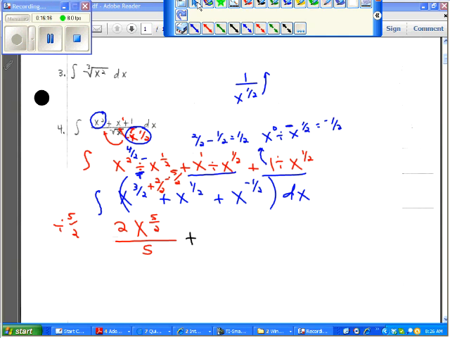And then plus, we're going to add 1 to the exponent. We have 1/2 plus 2 halves is 3 halves. So we're going to have x to the 3 halves. And then we're going to divide by that 3 halves, which is the same as multiplying by the reciprocal 2/3.